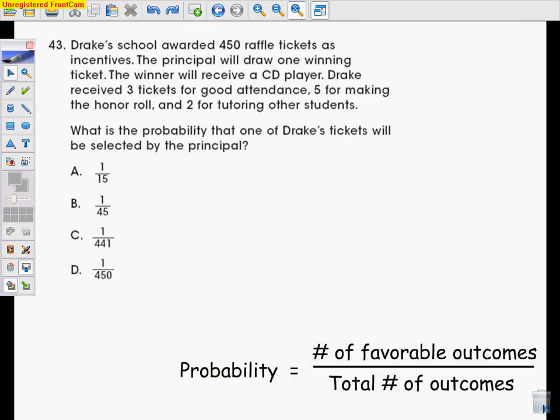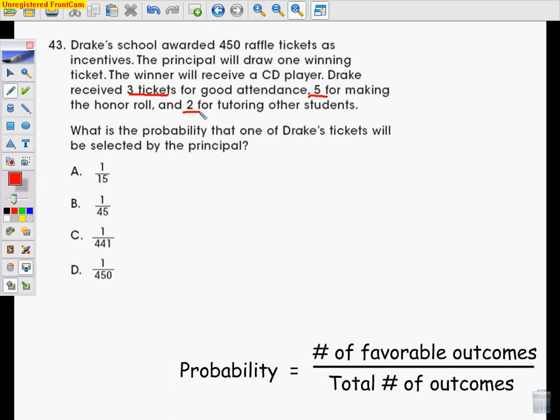Once again, we're going back to our definition of probability. The number of favorable outcomes divided by the total number of outcomes. Now, the number of favorable outcomes here is, because we're trying to find the probability of Drake's win, the total number of tickets that Drake has. He has 3 tickets for good attendance, 5 for the honor roll, and 2 for tutoring other students.